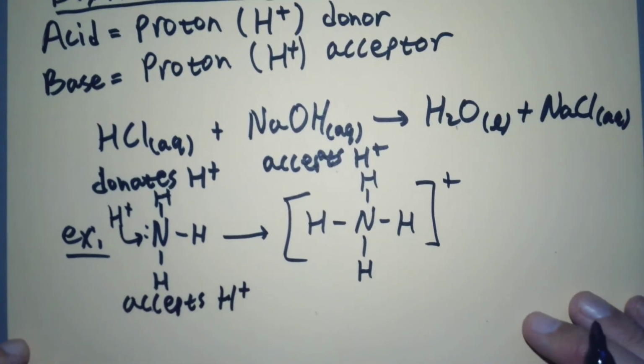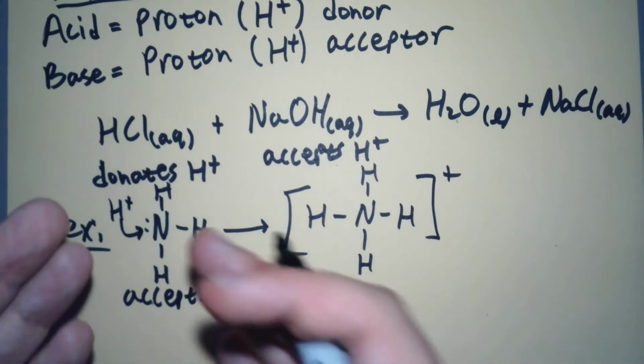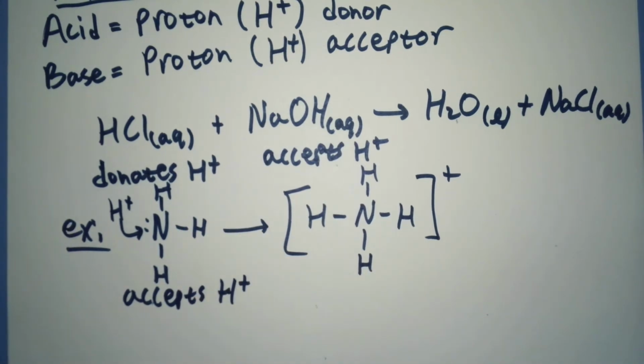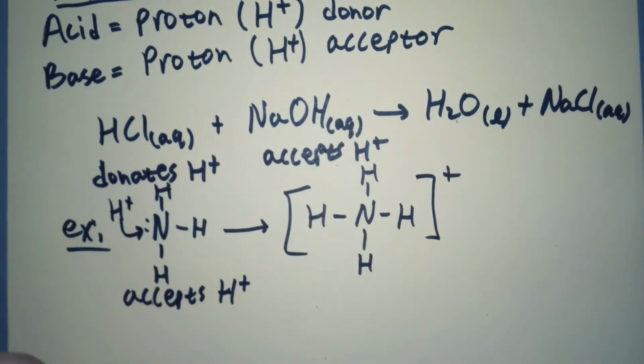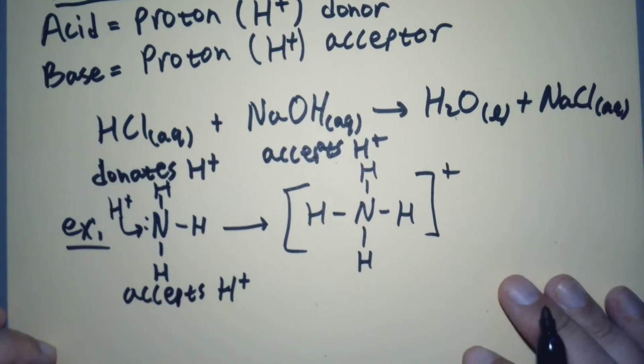And so that's why ammonia is a weak base. Because this is like 1% of ammonia that does this or something. Not 100%.